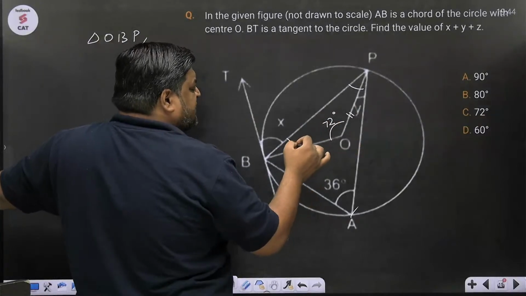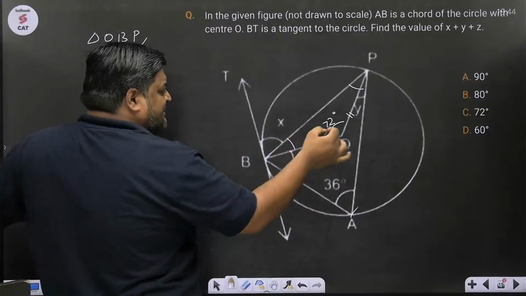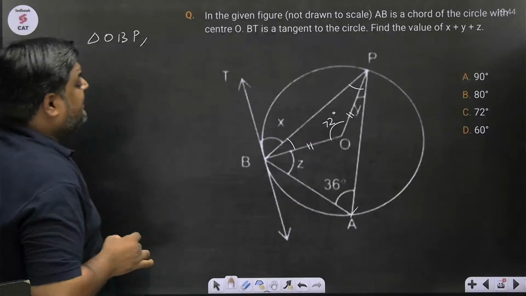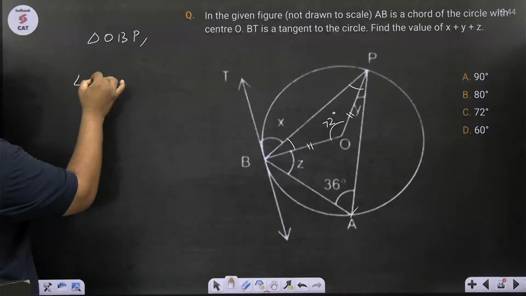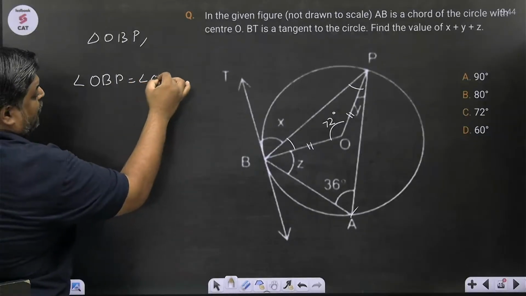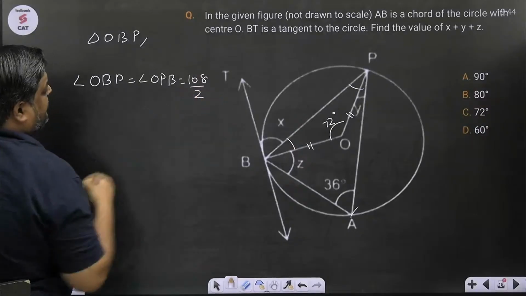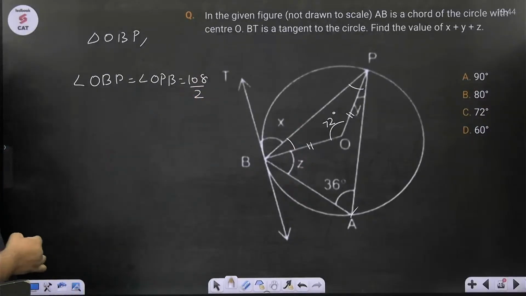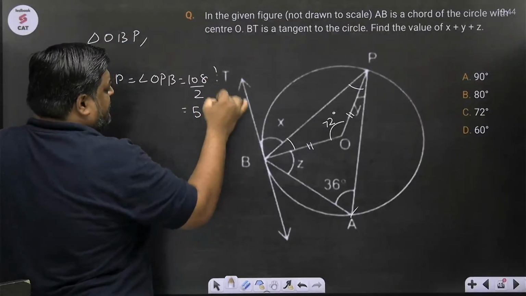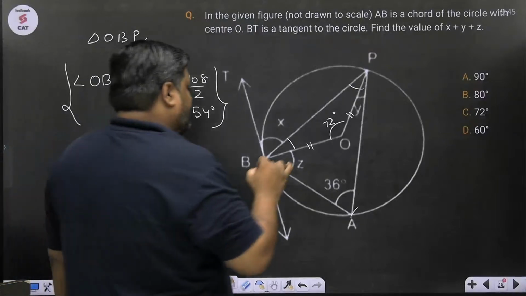Sir, these two angles would be 108 by 2, right? ये 72 है, इन दोनों का sum would be 108, and each of them, angle OBP is equal to angle OPB, and both of them are equal to 108 by 2, 54 degrees. Sorted. ये तो समझ गया सर. 54 54 ये तो मिल गया.